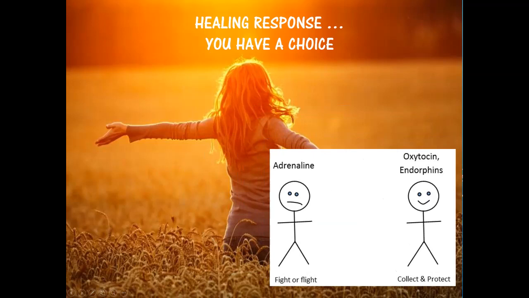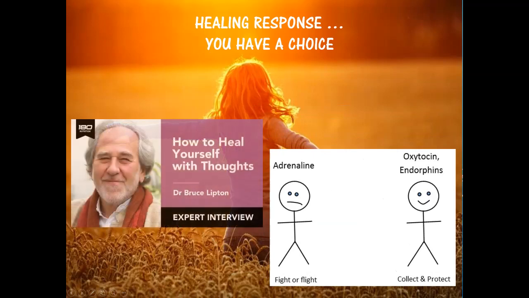We are the only species that has a choice. We can choose to be constantly in fight or flight, or we can choose to be releasing these. I'll be talking about the endorphins in the next slideshow, which I love, collect and protect. So you have the choice.